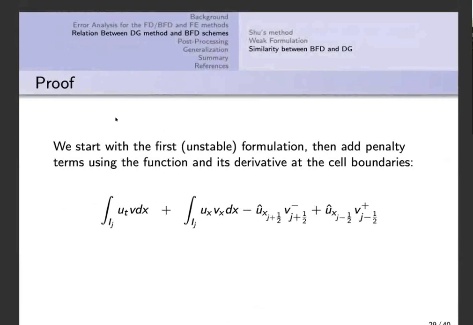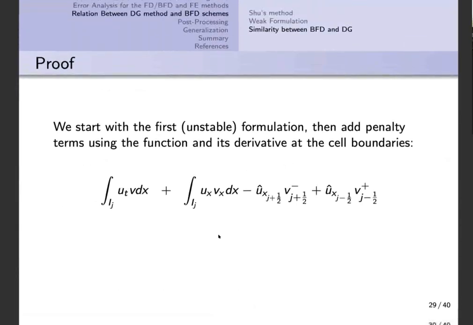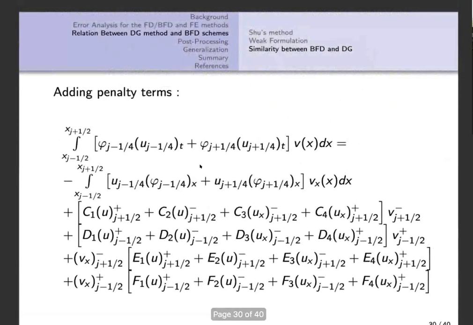So the proof is as follows. We start first of all with the unstable formulation, and then we add penalty terms using the function and its derivative at the cell boundaries, exactly as it is done in the classical DG method. But instead of taking the central flux, we'll take a general flux. So we get penalties and a general flux, which give us 16 unknowns that need to be determined.